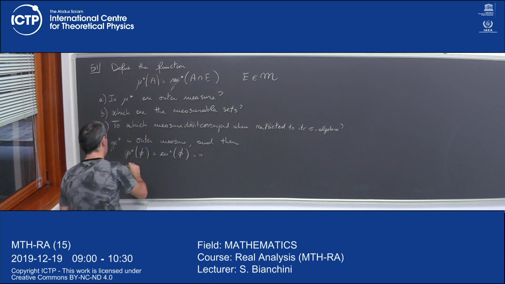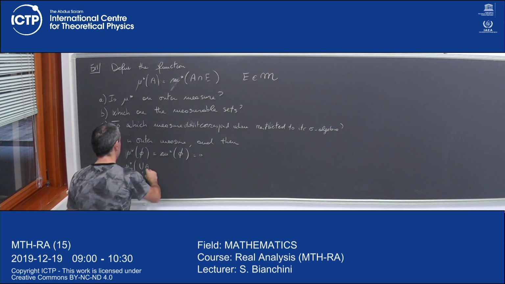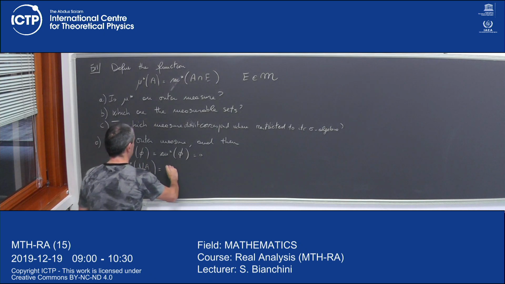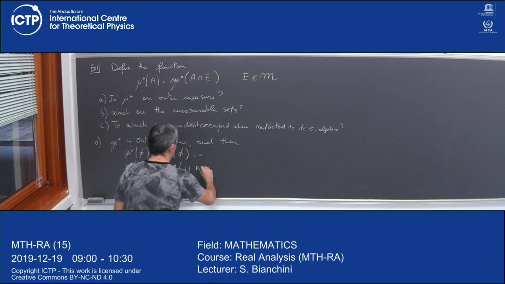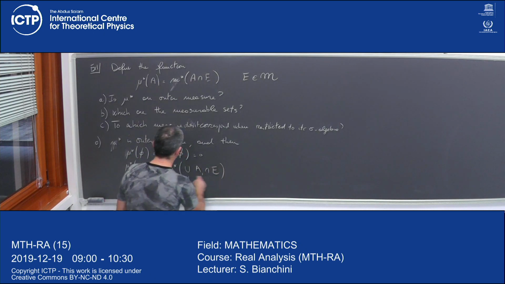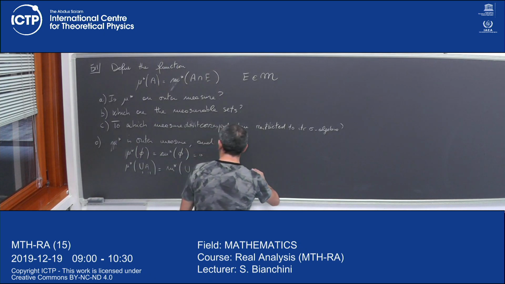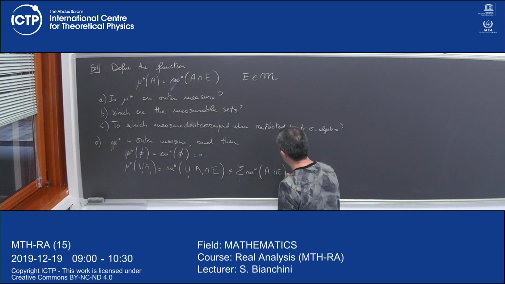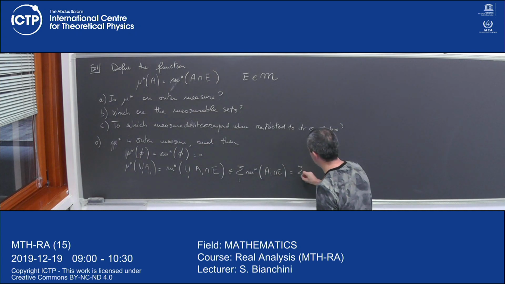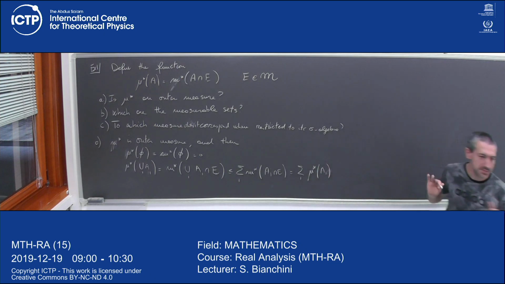And mu star of any union of A_i, by definition, is M star of the union of A_i intersection E. This is an outer measure, so less or equal than the sum of M star of each of these sets. And by definition, this is the sum of mu star of A_i.